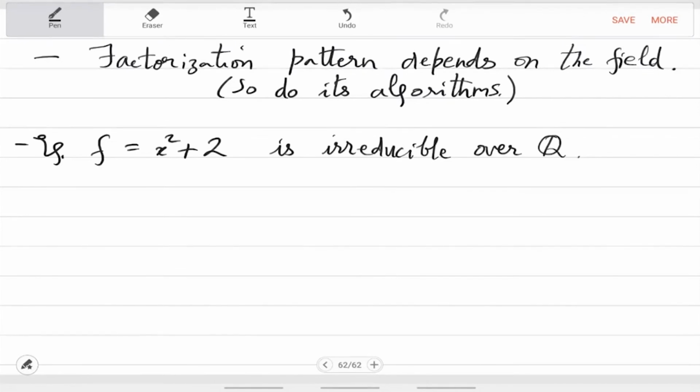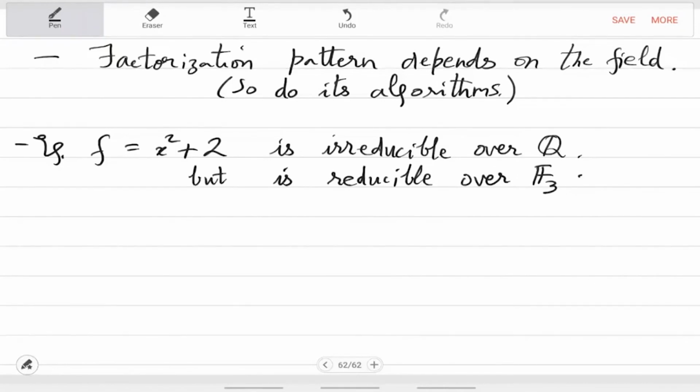Over Q it is irreducible, but if you go to some other field, like a finite field, say mod 3, over F3, it will factorize because there plus 2 is minus 1.